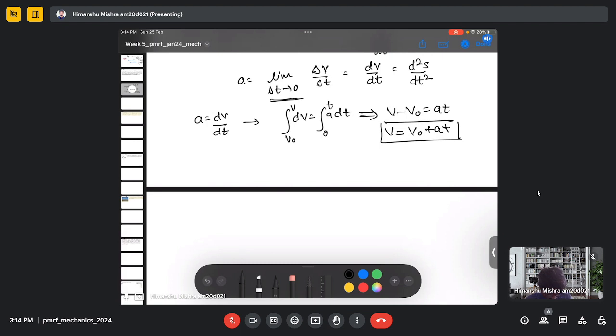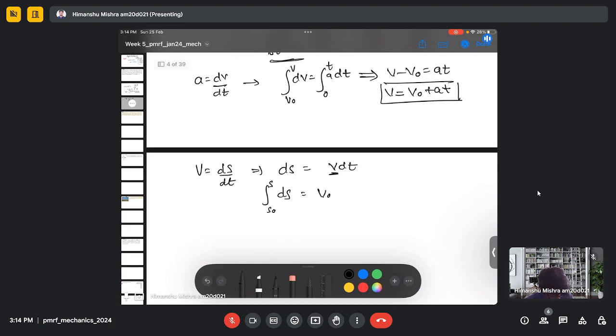Now similarly we can write v as ds by dt, so ds equals v dt. When we take the integration from s naught to s, we can write v as v naught plus at from identity 1, and integrate dt from 0 to t.